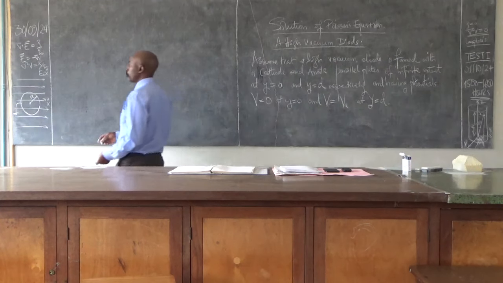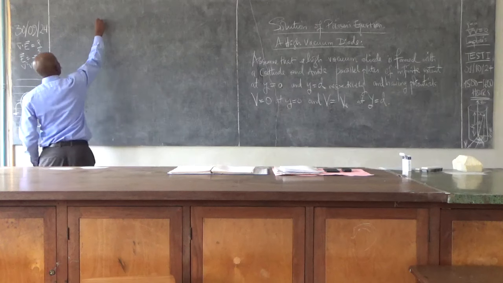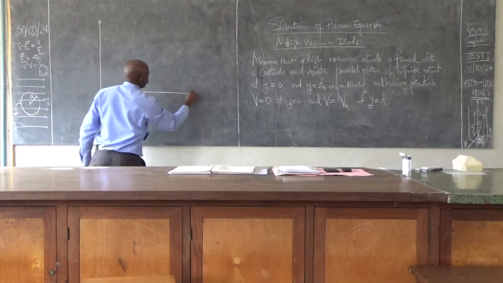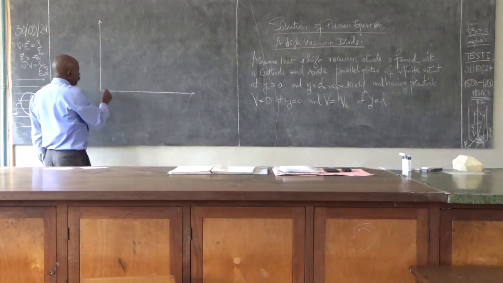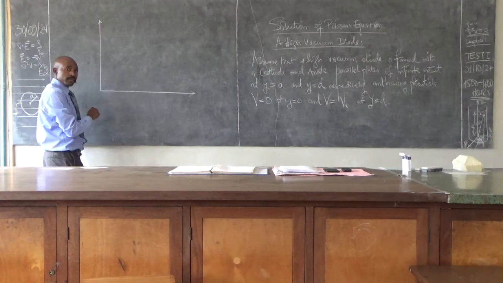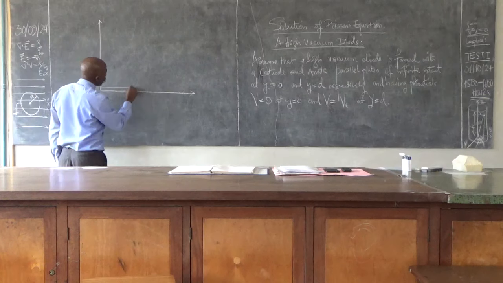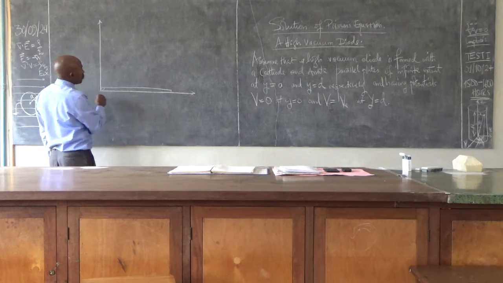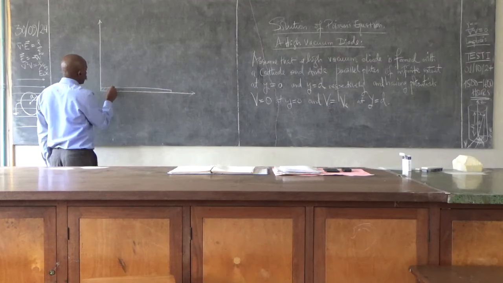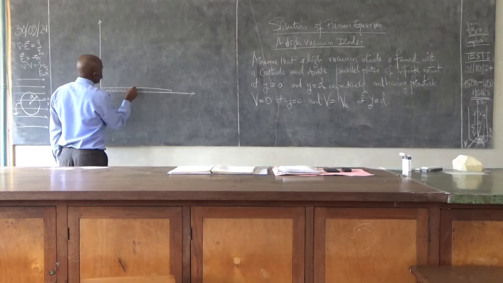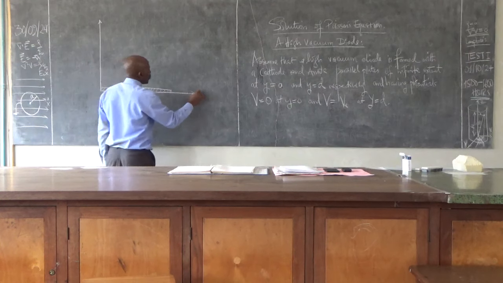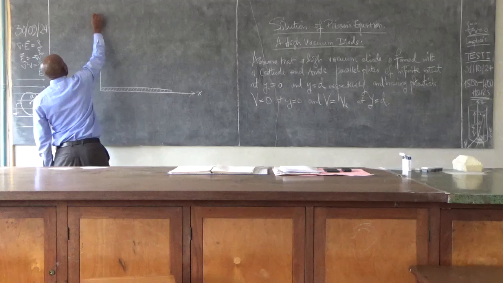So if we took this to be y, and this to be x, at x equal to 0, we got a plate there. And we said respectively, so which one would be this, cathode or anode? This is the x-axis, this is the y.